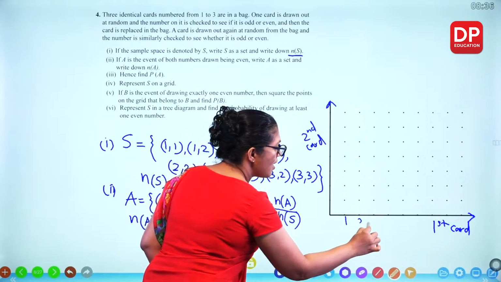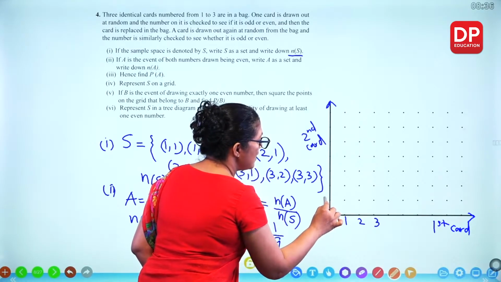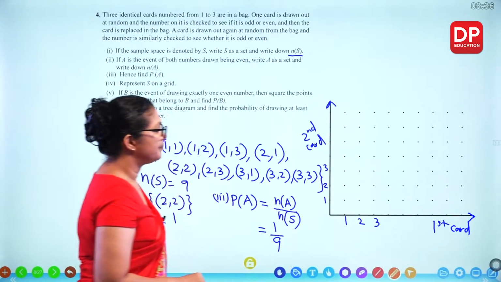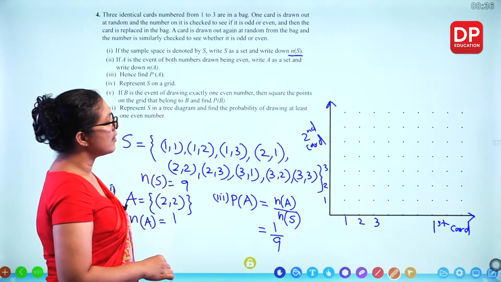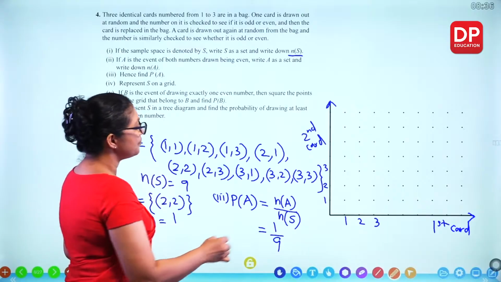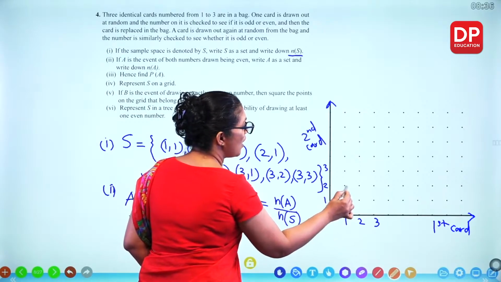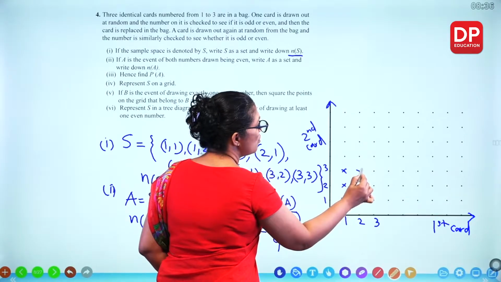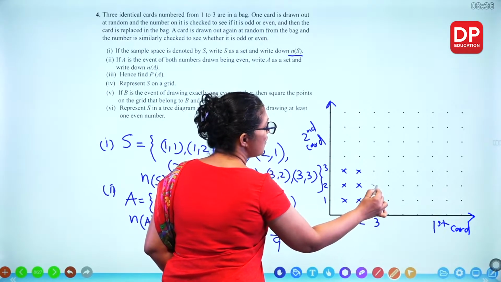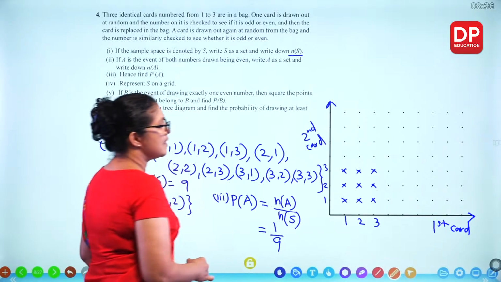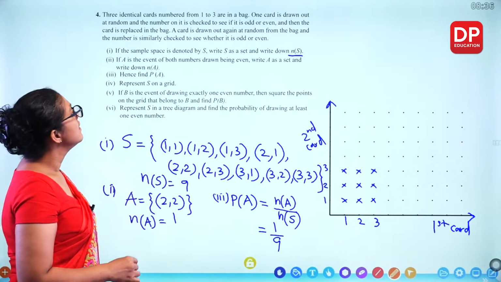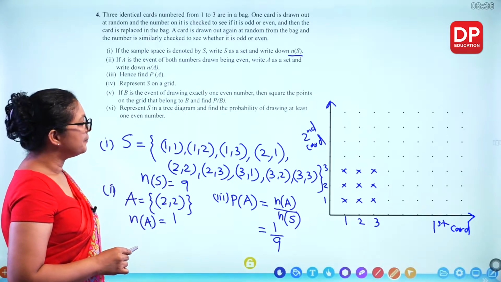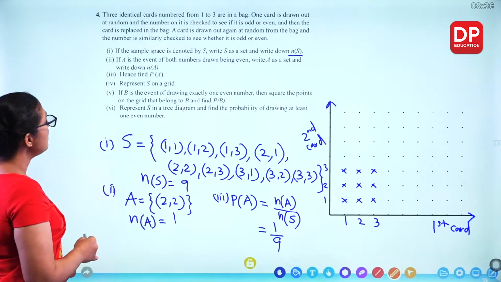You can get 1, 2, 3 here, here also 1, 2, 3. Now the possibilities: 1,1, 1,2, 1,3, 2,1, 2,2, 2,3, 3,1, 3,2, 3,3. So that's the sample space grid.